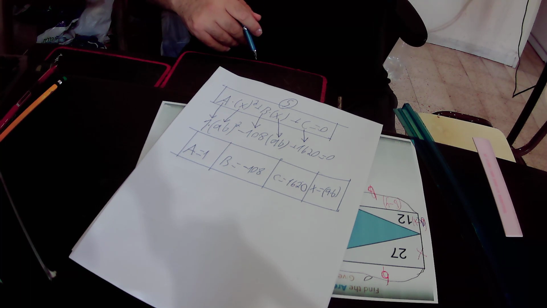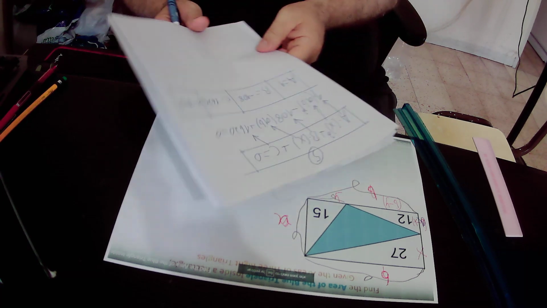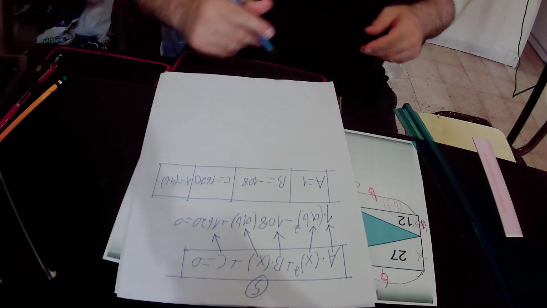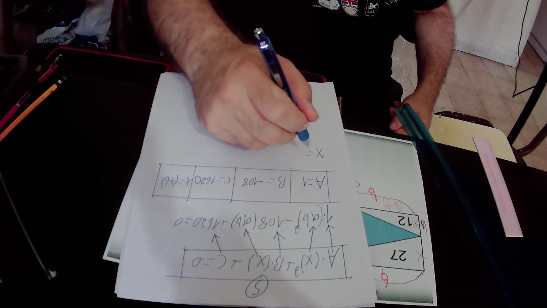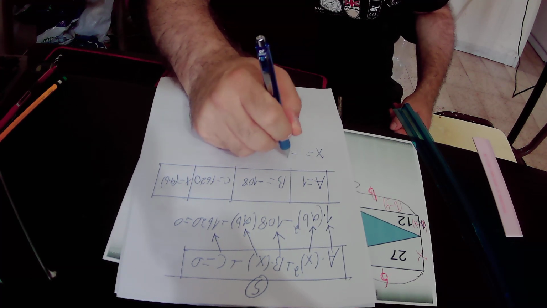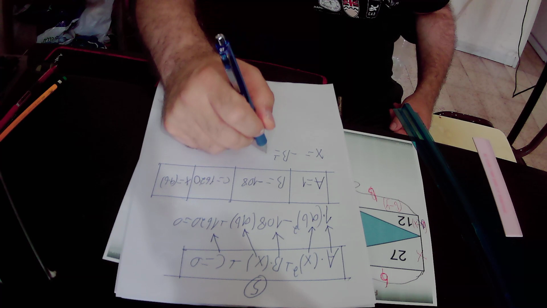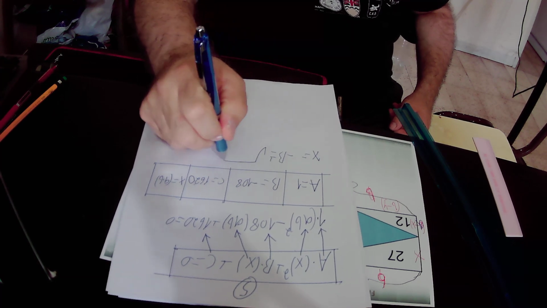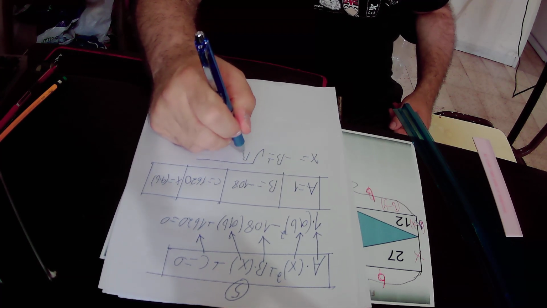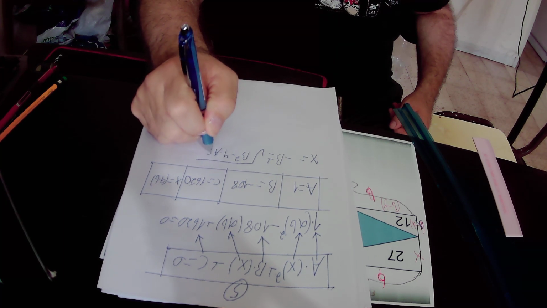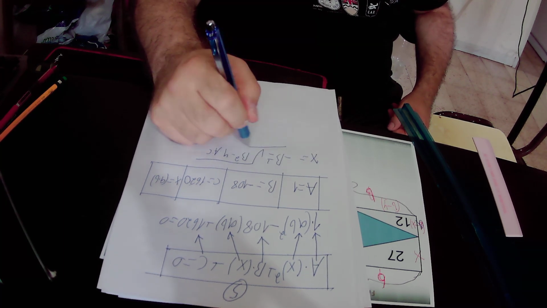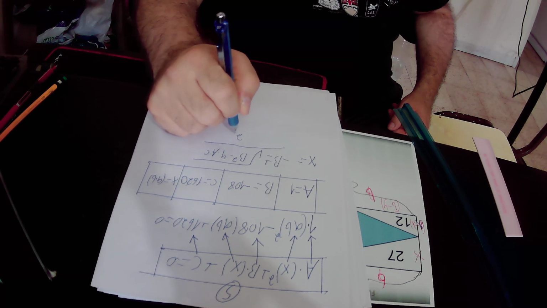Okay, so we will write down again the special formula for x. x equals minus b plus or minus the square root of b squared minus 4 times a times c, all divided by 2 times a.